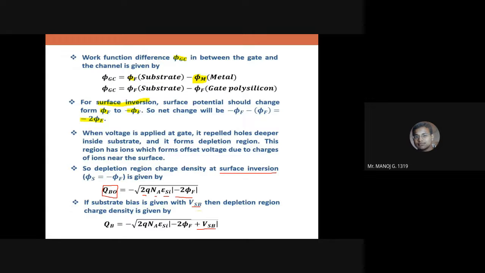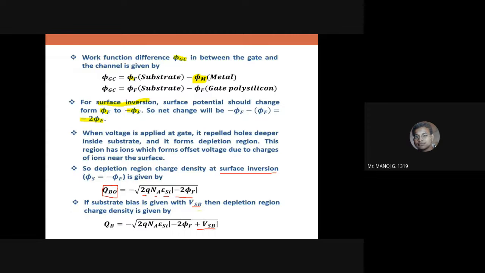Practically it is like this. Theoretically they will not consider this, but when you go to a practical MOSFET, it will be QB into minus 2 Q Na epsilon Si into 2 times phi s plus one more constant, that is called VBS.